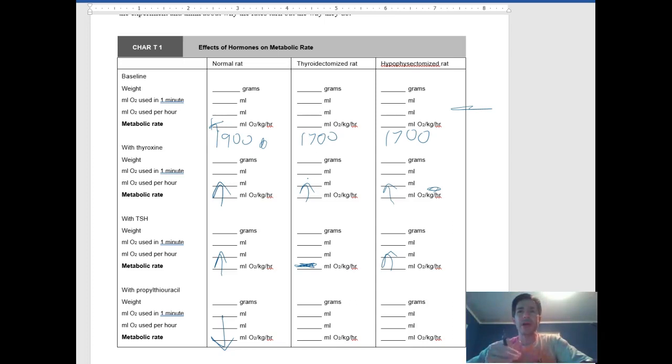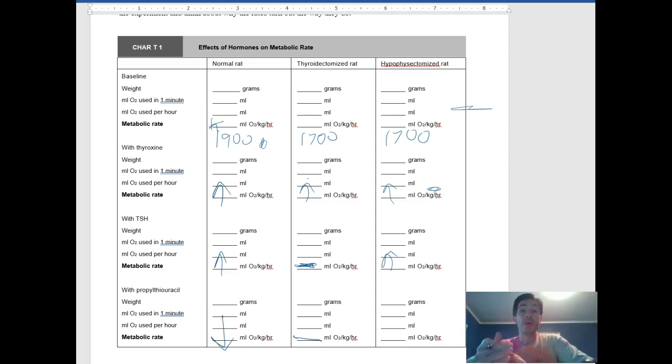So then you take your thyroidectomized rat and you hit it with propylthiouracil, say that 5 times fast. And will its metabolic rate go up, down, or stay the same? Hopefully you're thinking stay the same, right? Its metabolic rate is already as low as it's going to go.